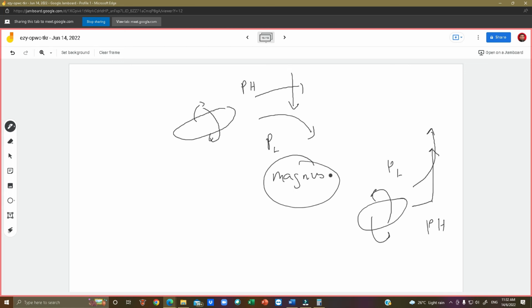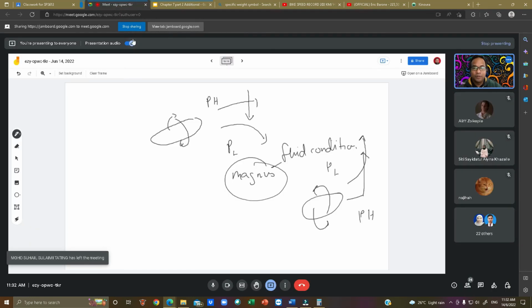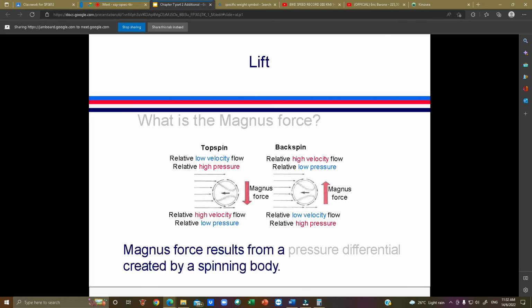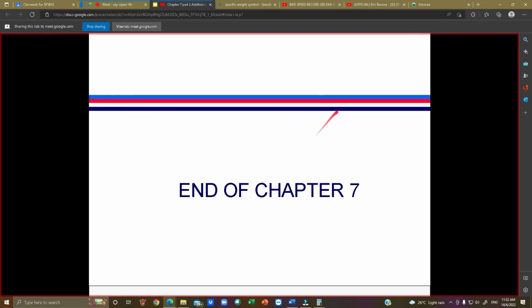And this can only happen in fluid condition. So kalau kita buat benda ni dekat angkasa lepas, you are not going to see any deviation at all, simply because there is no pressure difference in those conditions. That is the Magnus effect, and that is the end of our topic for today.